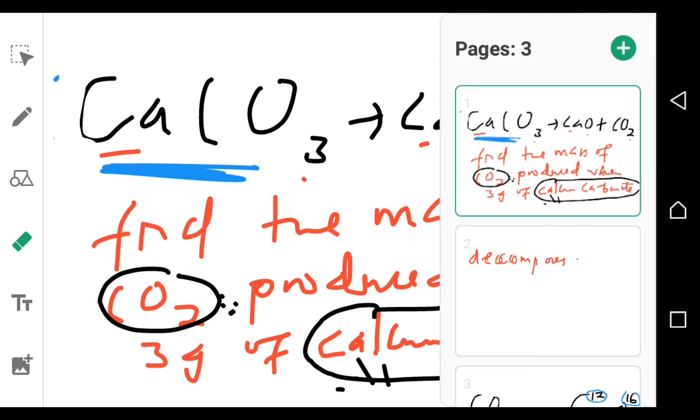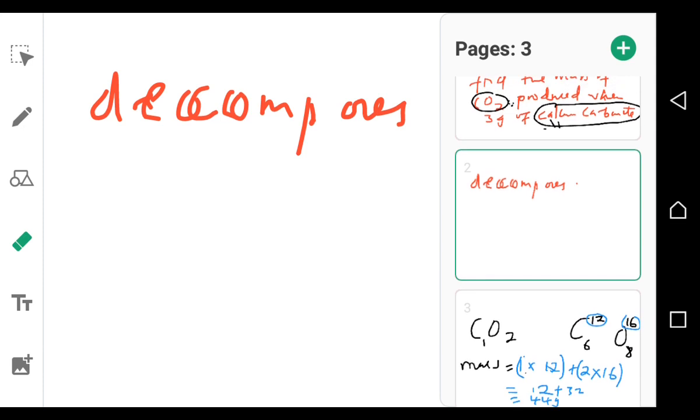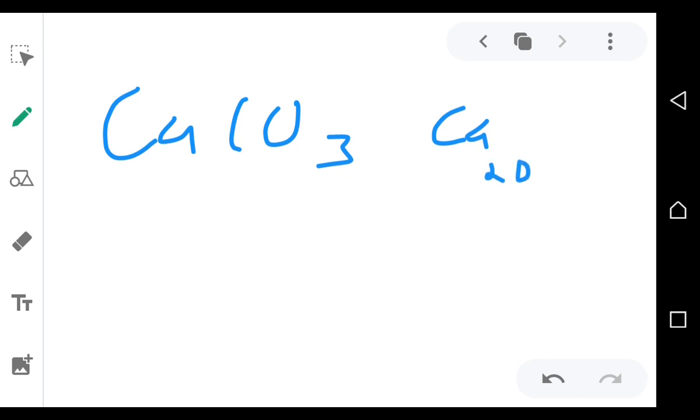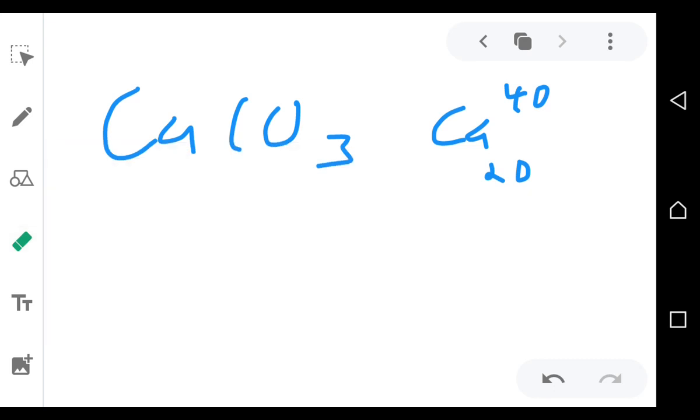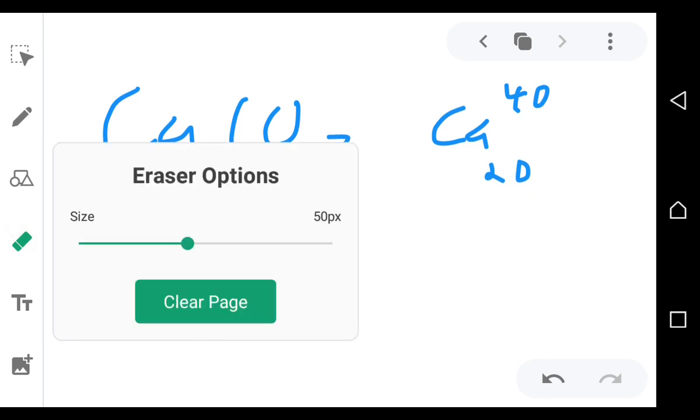So now we're dealing with calcium carbonate, and we also deal with its mass. Calcium is Ca, 20 there, 40 on top. Carbon, you remember how to do this. I think by this time you know how to pick these from the periodic table, so I don't need to do them for you.